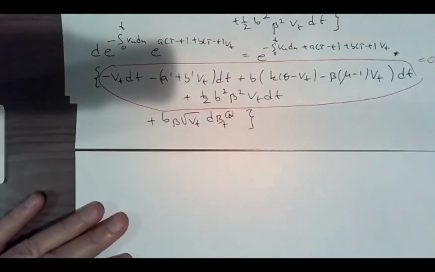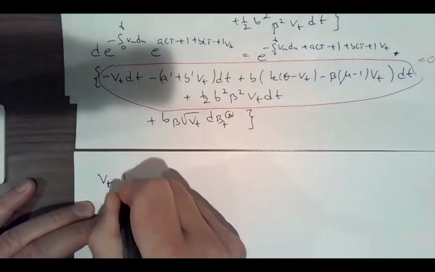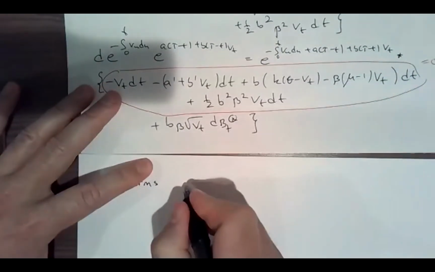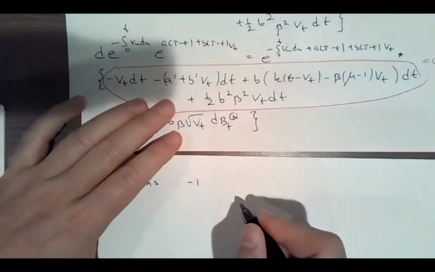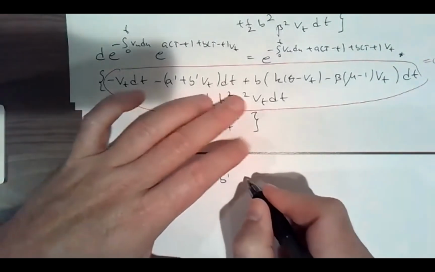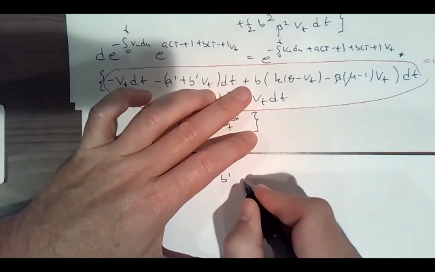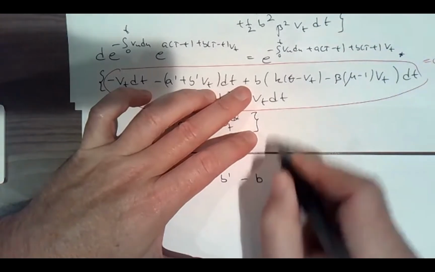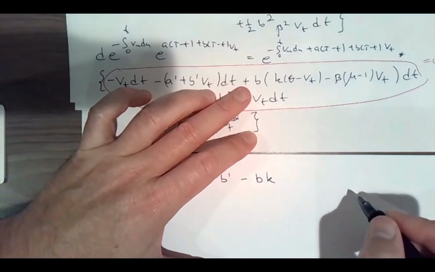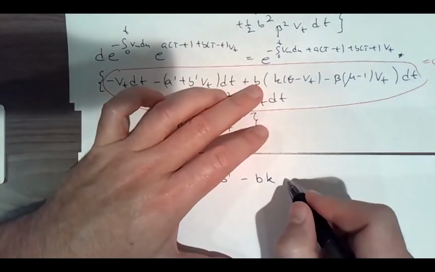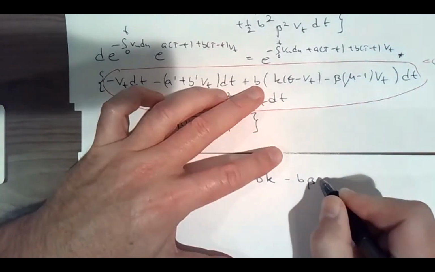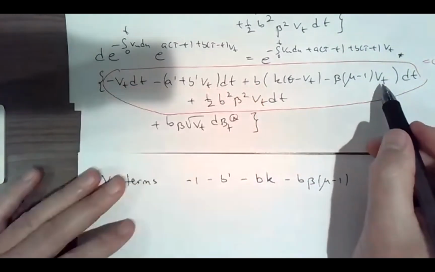So we collect terms. We're going to find the V_t terms. Here there's a minus a 1. Here there's a minus a b prime. Here there is a minus a b kappa. There is a minus a b beta mu minus 1.